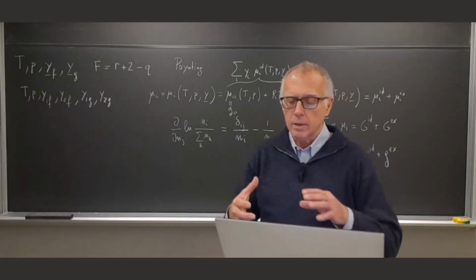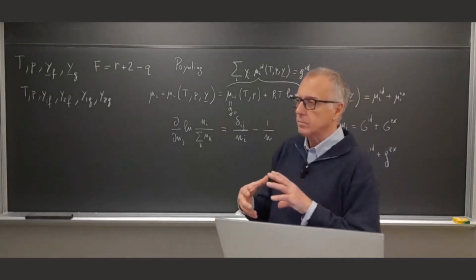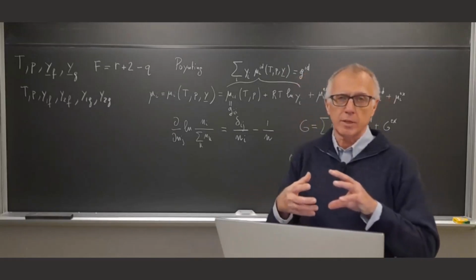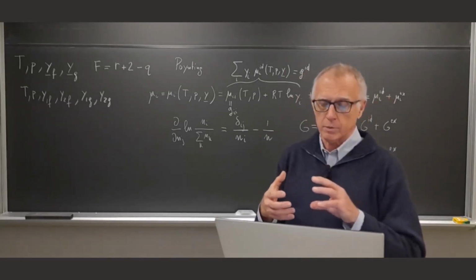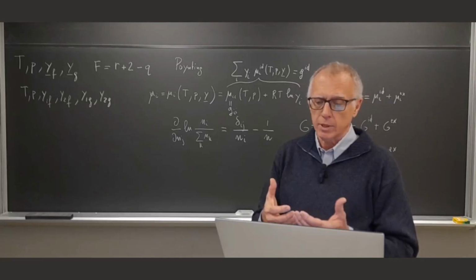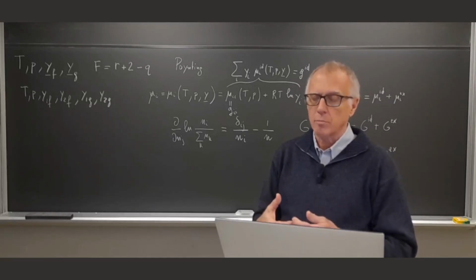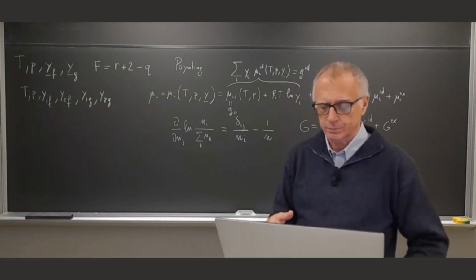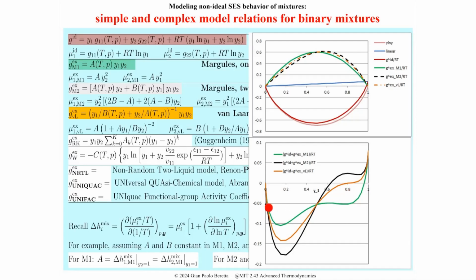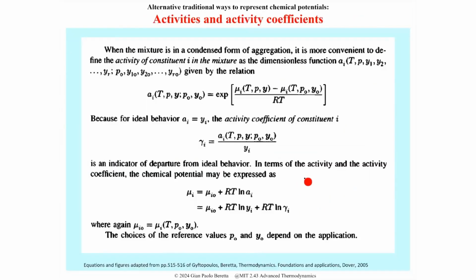And this will drive us to exactly the same ideas that we have seen for the van der Waals case for the pure substance, unstable states, and also metastable states are possible. But we postpone that for a while.